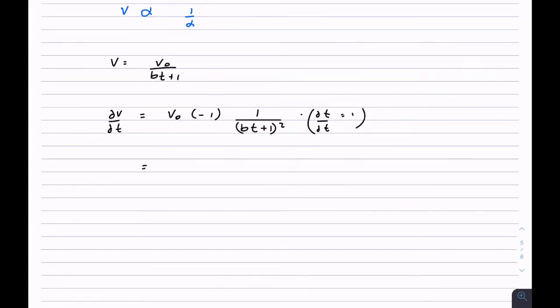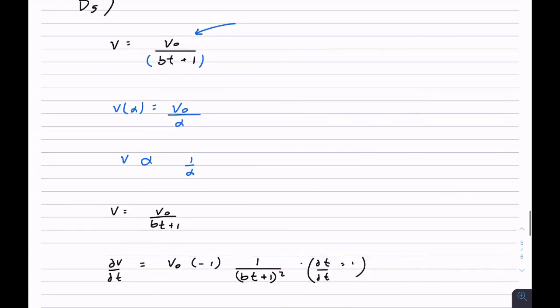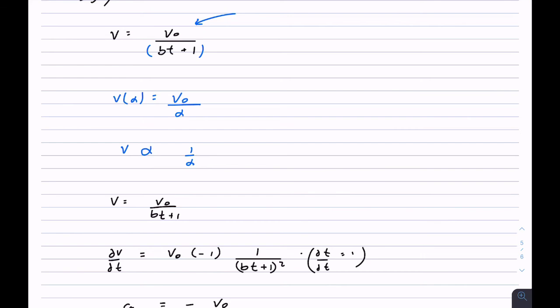So really we're left with negative v naught over bt plus 1 all squared. So the acceleration is negative. Velocity is changing in the negative direction, so acceleration is going downwards. That's just what we expected by looking at this qualitatively on the top.